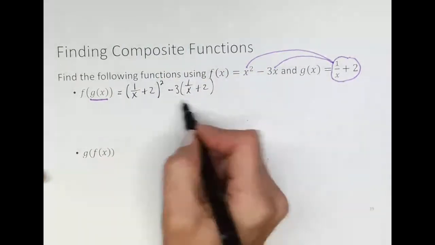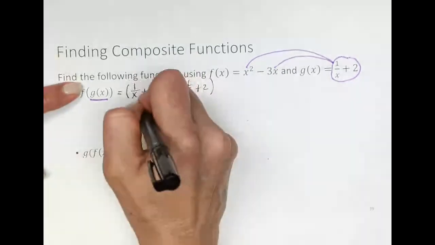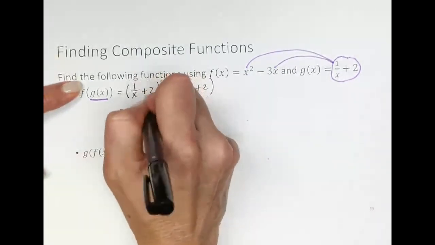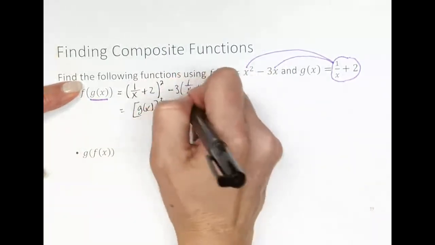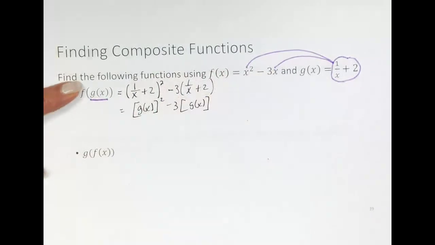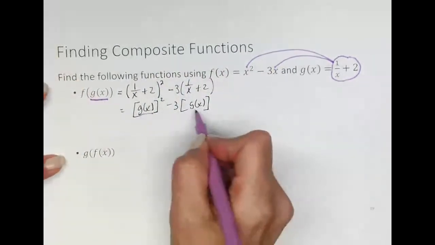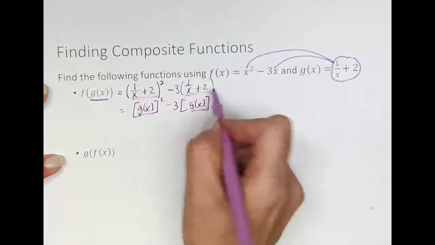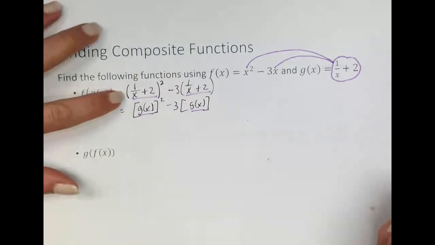If I were to write that symbolically, this would be g of x squared minus 3 times g of x, because g of x is what I'm putting in there for the input. Now there it is. That's kind of messy, so we might want to simplify that a little bit.